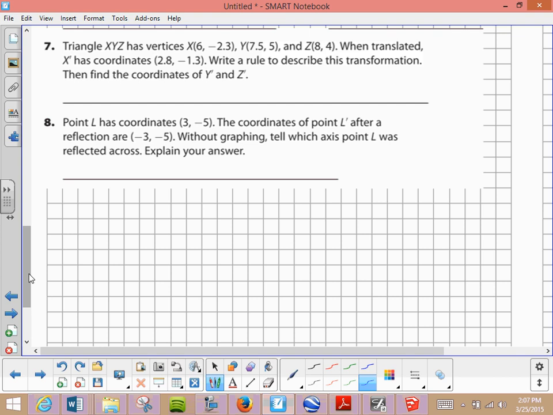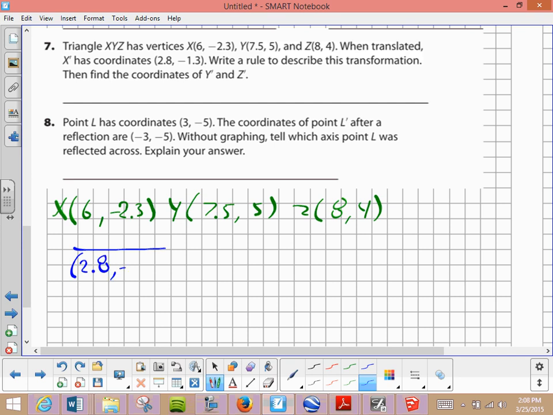Yes. Okay. So we get X, which is 6 and -2.3. We have Y, which is 7.5 and 5. We have Z, which is 8 and 4, right? And then something happens, and then you end up with 2.8.